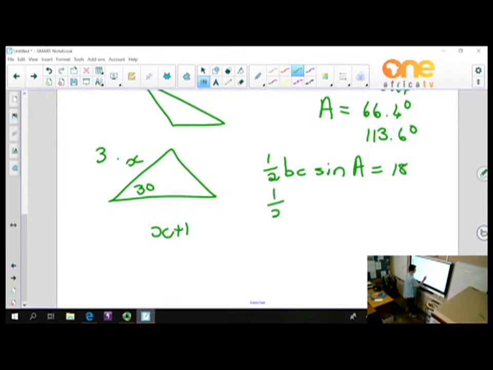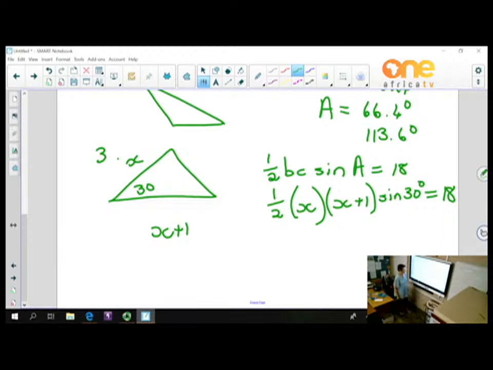So a half, just going to work with algebra, x plus 1, sine 30 degrees is equal to 18. Okay, we need to find x now. So if you press your calculator, then you will see sine 30 is a half.